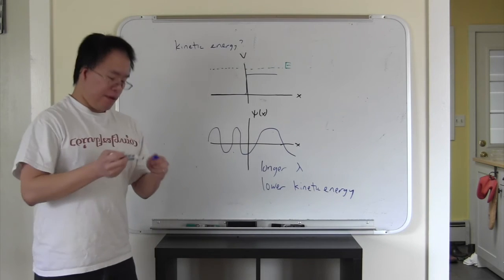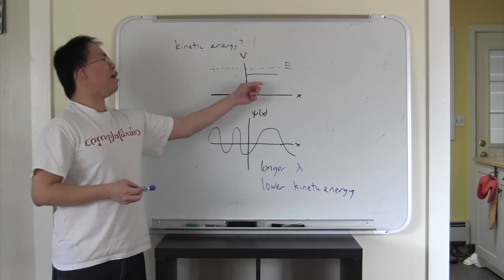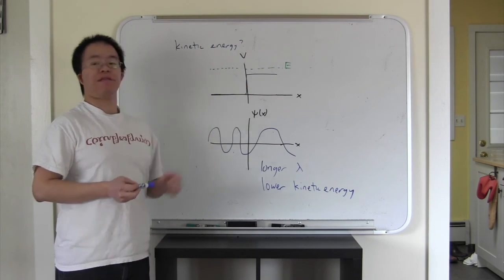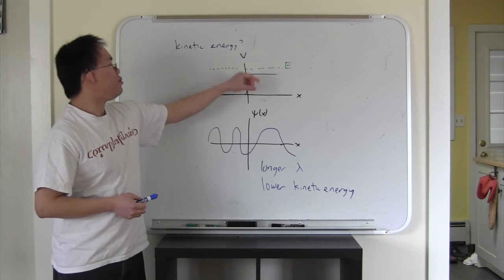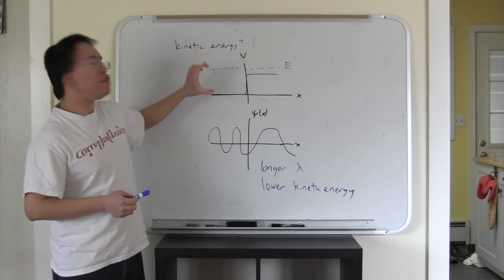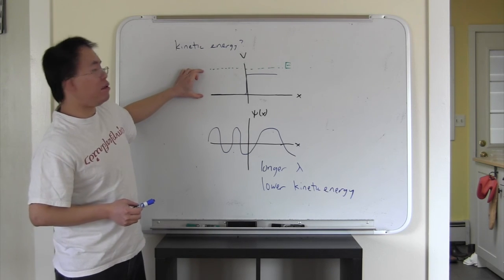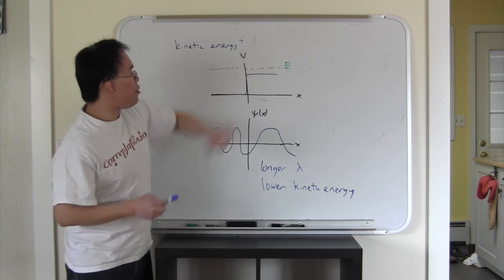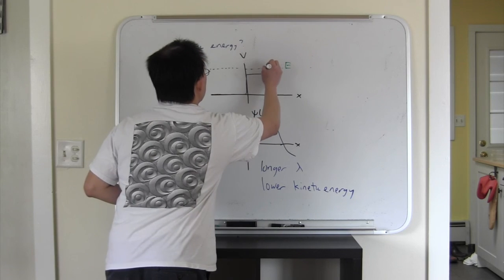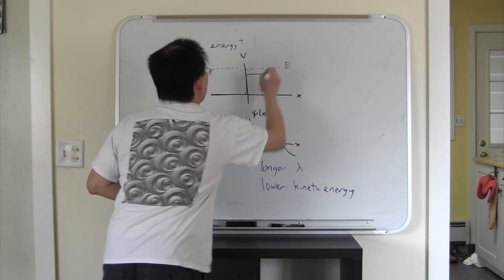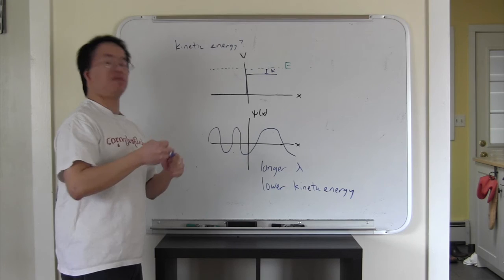This also jives with what we expect from looking at an energy graph like this, where you know that the kinetic energy is the difference between the total energy of the system and the potential energy. So our kinetic energy here is smaller for x greater than 0.